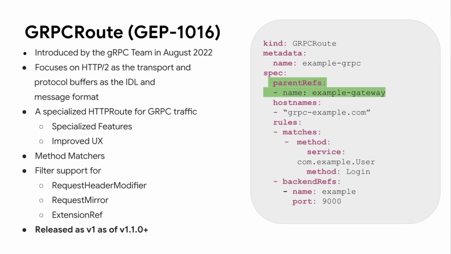While HTTPRoute could technically handle gRPC, gRPCRoute significantly enhances the user experience by providing method matches. This allows for precise routing based on gRPC services and methods, as you can see in the proposal on the right. Notably, gRPCRoute has now reached v1 and is available in the standard channel since Gateway API version 1.1.